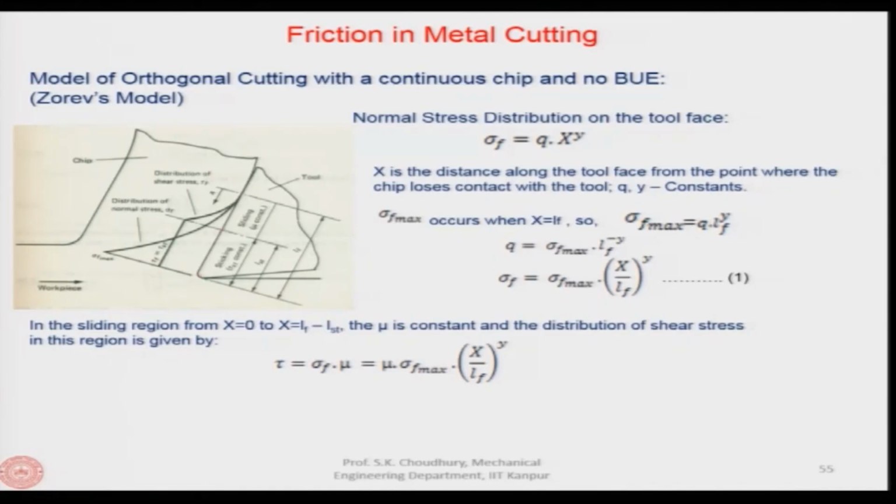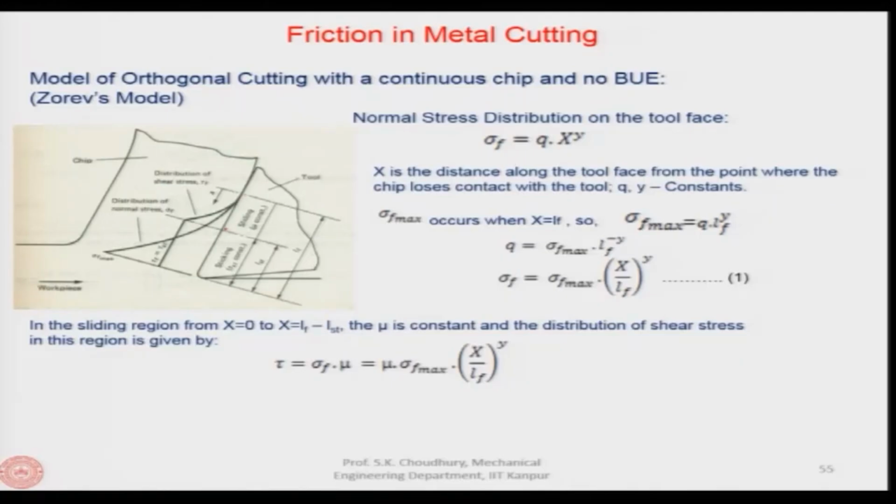As it goes beyond this point towards the point where the chip loses contact with the tool, then the normal force decreases, and therefore, the F remains proportional to N, like in the case of normal sliding friction, and then the mu is constant.